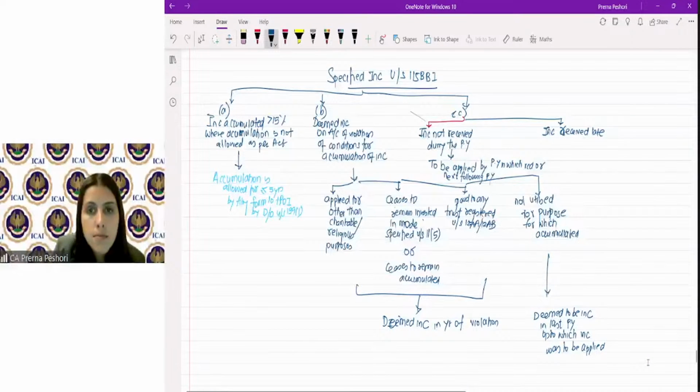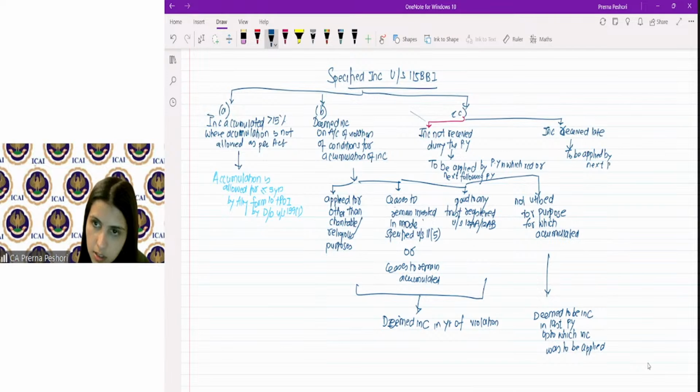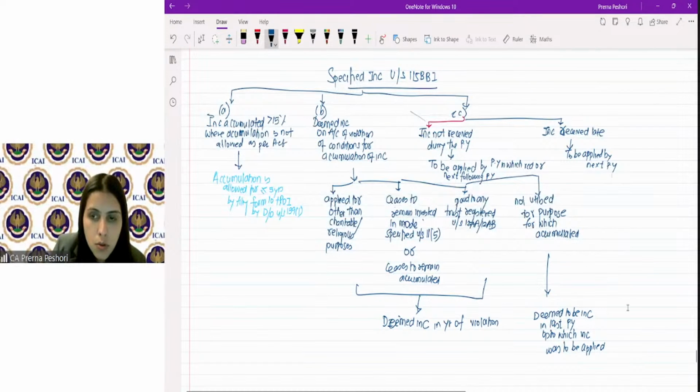And in this particular case, this is to be applied by next previous year. So if it is not applied by these years, then it will be considered as deemed income.